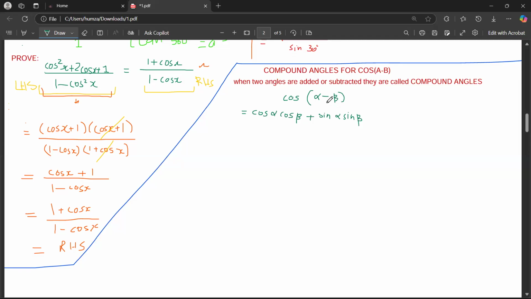Okay, so this is the formula, or how we can define the compound angle.